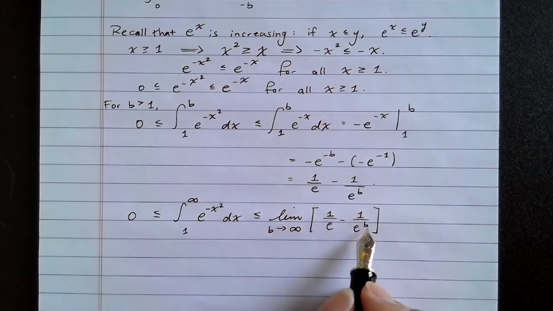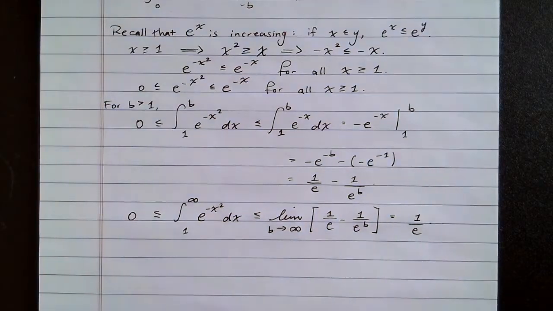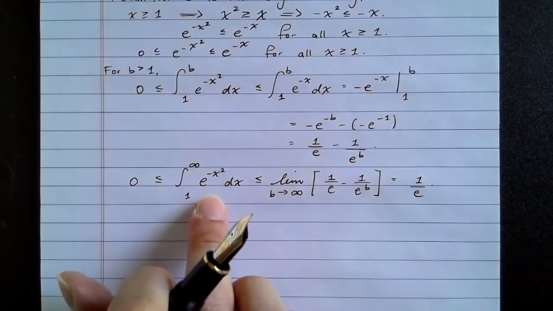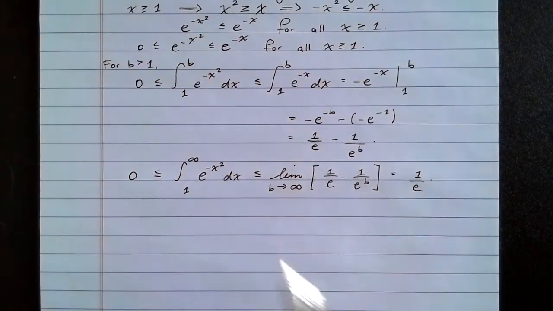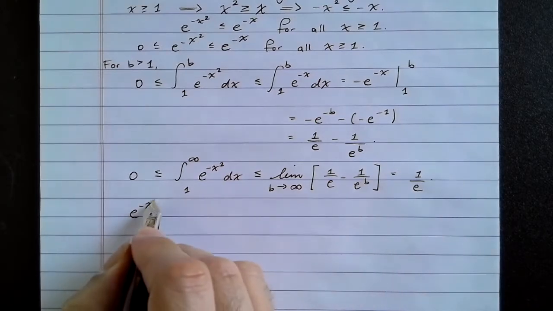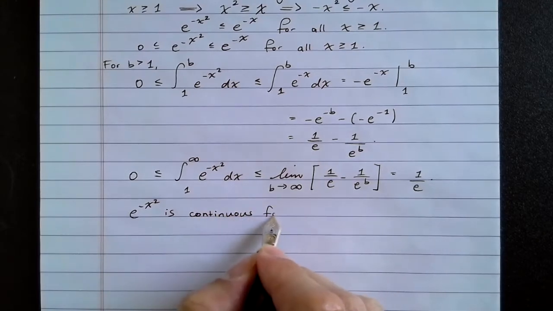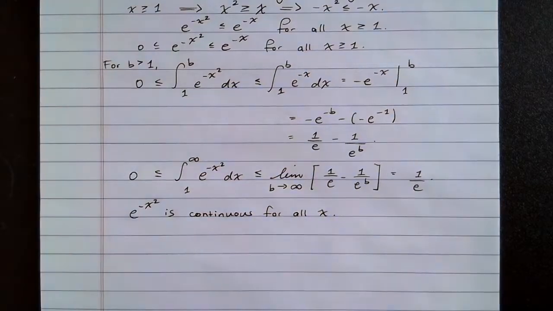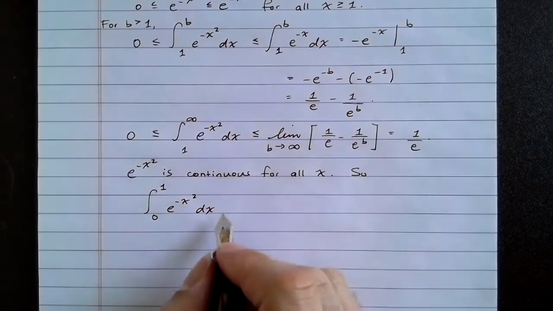Now as b goes to infinity, e to the b goes to infinity, so this portion is going to 0, so this limit is just 1 over e. And so this has to be some finite value. Now, another thing is that e to the negative x squared is continuous for all x values. So the integral from 0 to 1 is also some finite value.